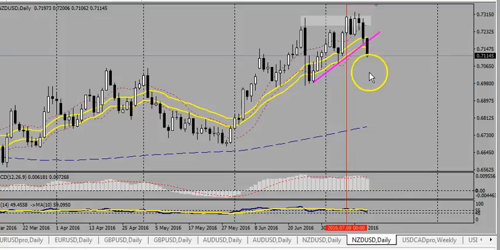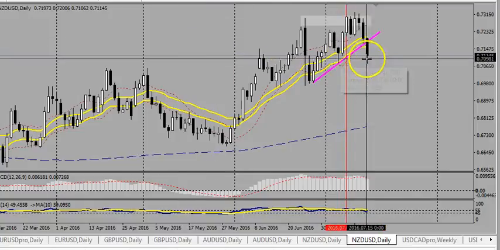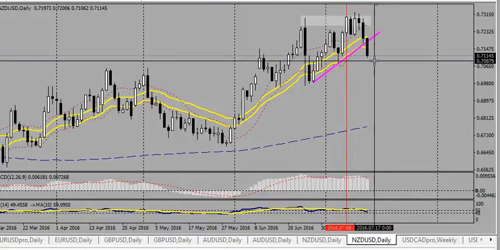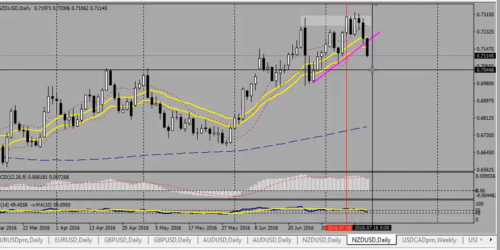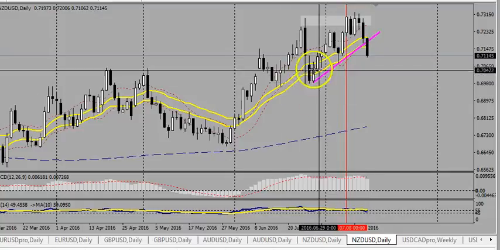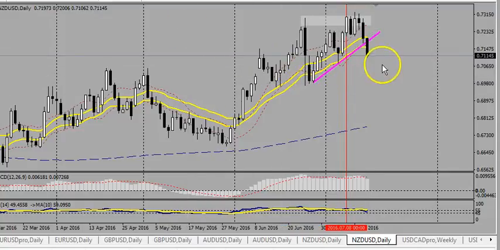You could also sell below 07080. So that's something you can do right there below 07080. And if your order takes hold, it would most likely come down lower to at least the previous swing low here.